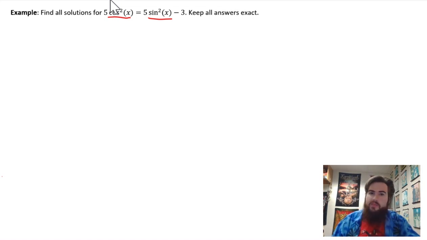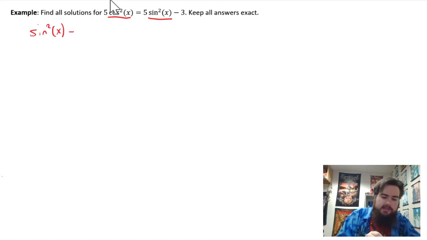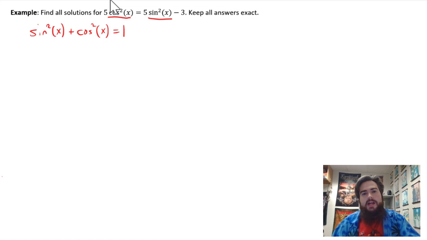For example, one thing that you could use is the Pythagorean identity for sine squared and cosine squared. We know that sine squared of x plus cosine squared of x is equal to 1. This is the Pythagorean identity. So, if I use this, I should be able to replace one of these trig functions with the other.